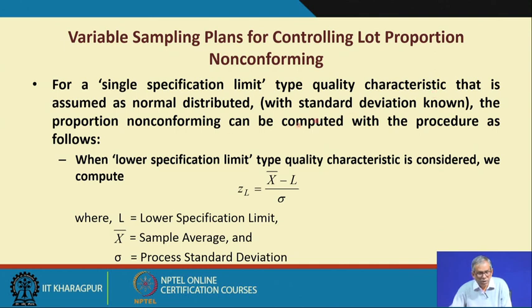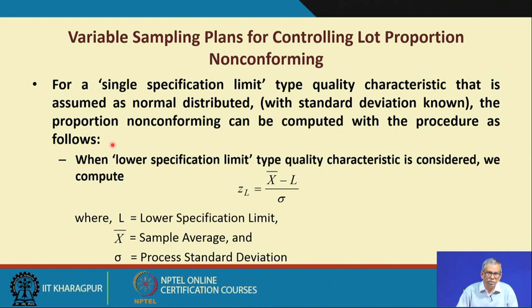It is assumed that this quality characteristic is normally distributed with standard deviation known, like in previous cases we have assumed. The proportion non-conforming can be computed with the procedure as follows. Is it okay?